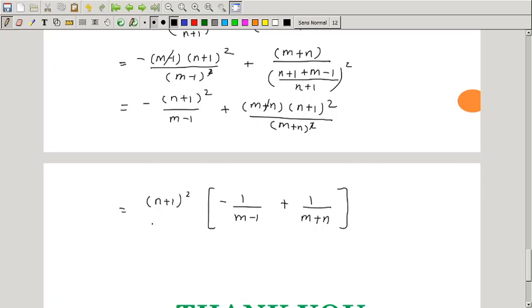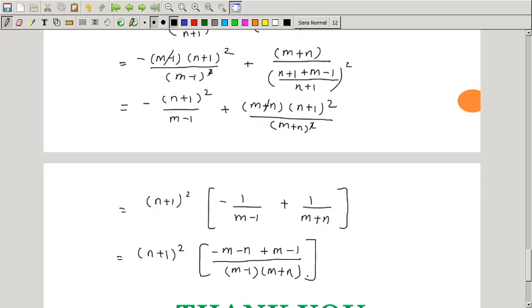Okay, so what we get is (n plus 1) bracket square into (minus m minus n plus m minus 1) divided by (m minus 1) into (m plus n). Okay, so this gives (n plus 1) bracket square upon (m minus 1)(m plus n).